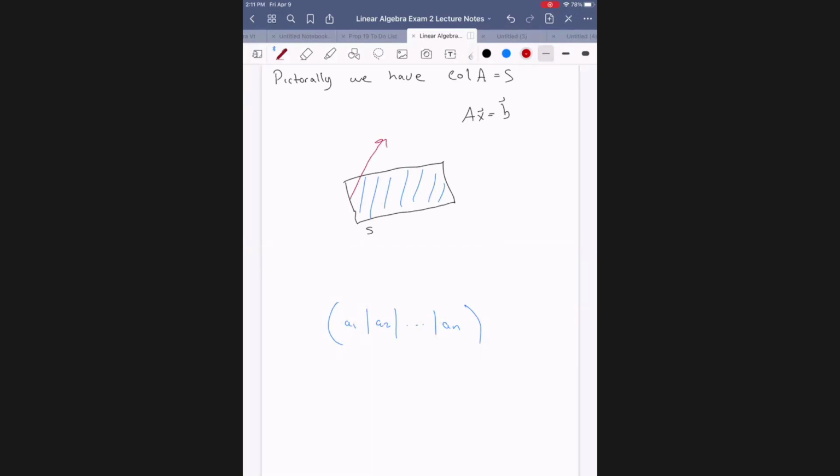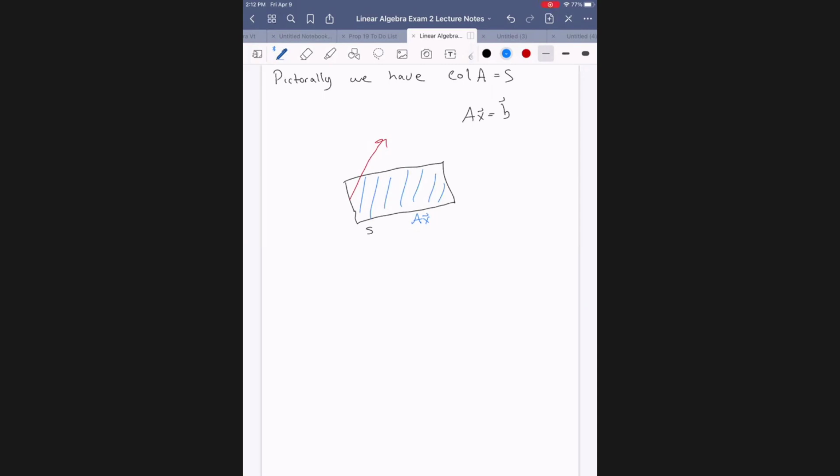All the solutions to AX equals B are in this plane, but if B isn't, it's going to go out of the plane. So this is the first observation, pictorially. Every possible A times X is that plane, in this case R3.